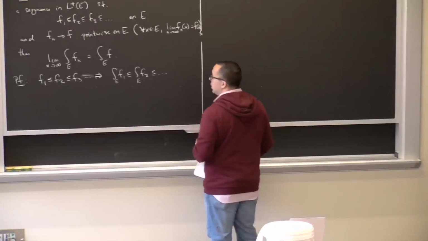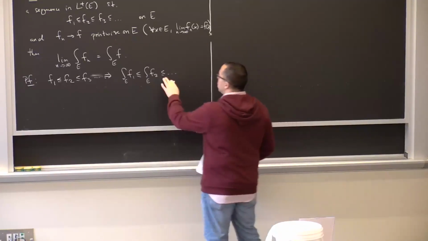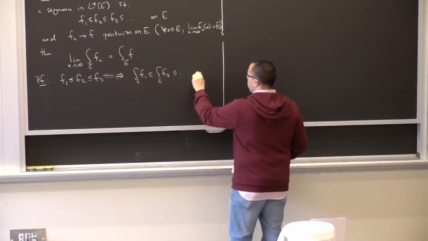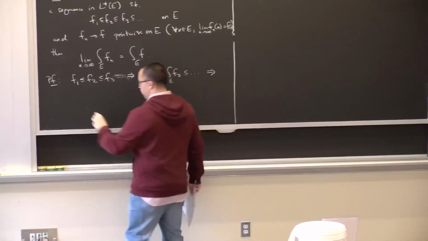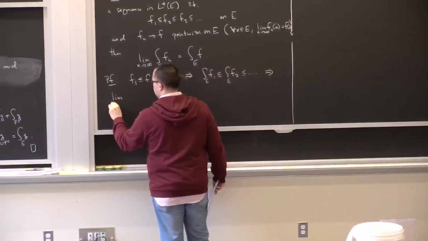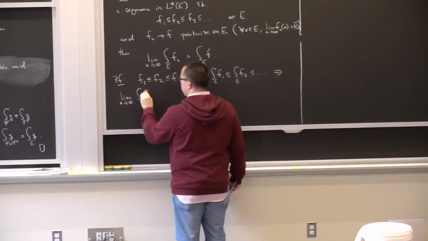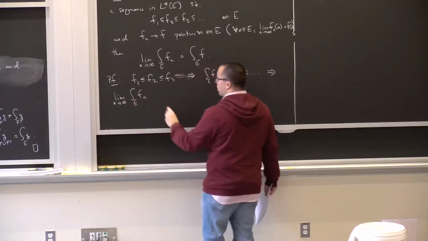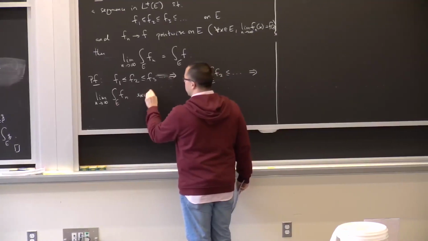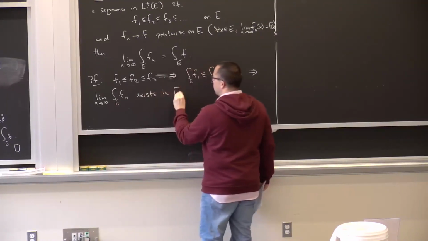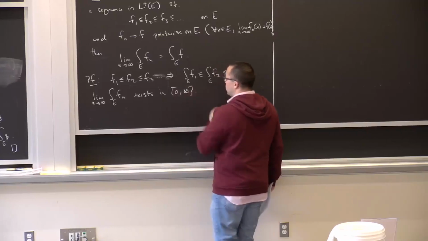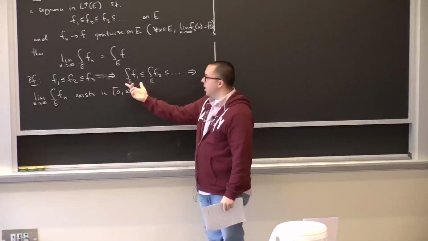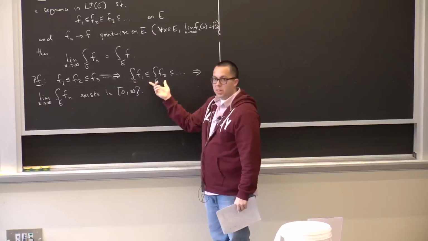So which implies that the limit as n goes to infinity of the integrals of fn exists in [0, infinity]. So this is a non-negative increasing sequence of real numbers now, right?